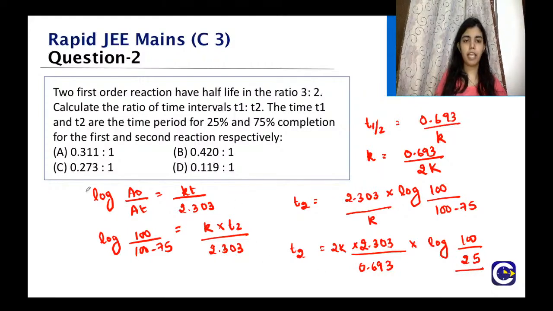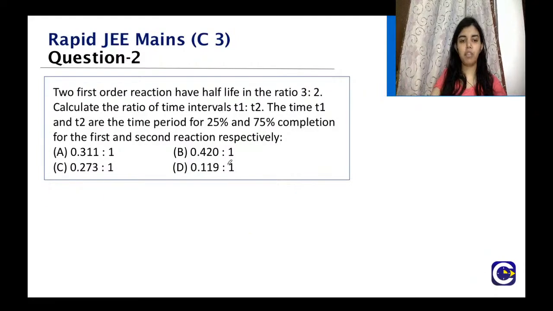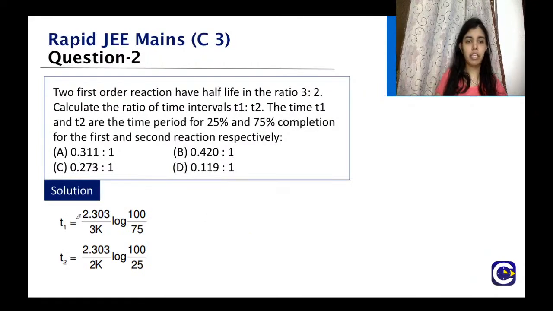So we have obtained the expression of T1 and T2, right? Now what we have to do, we have to find the ratio of the two. See here, T1 can be written as 2.303 divided by 3K log 100 by 75, and T2 can be written as 2.303 by 2K log 100 by 25, right? So we have to divide the both.